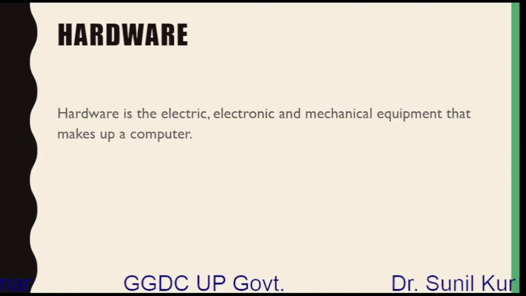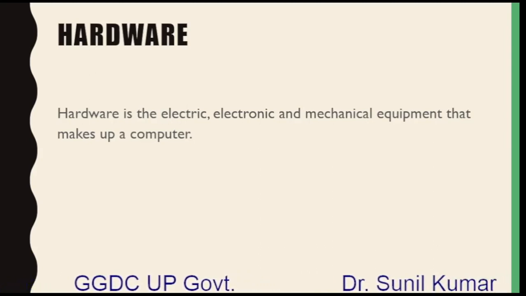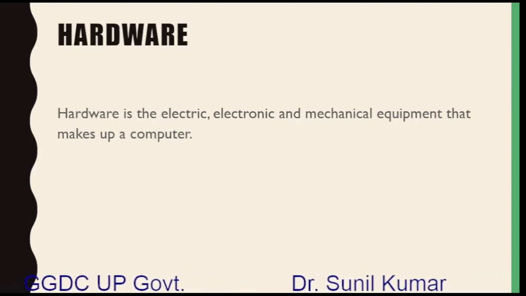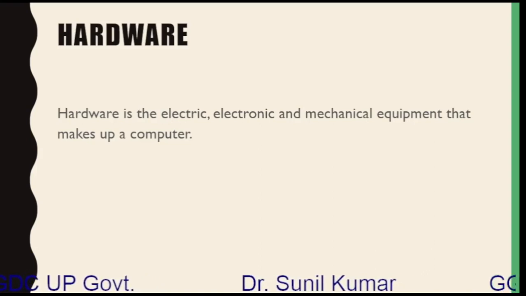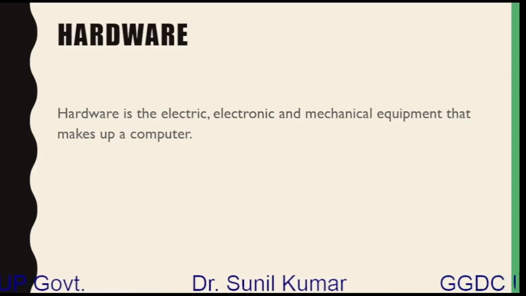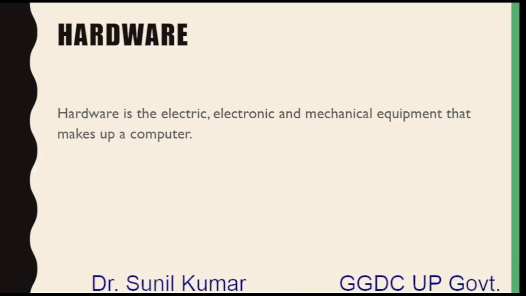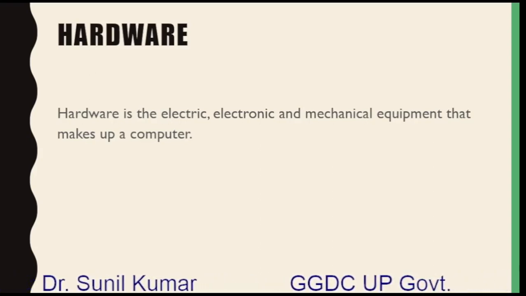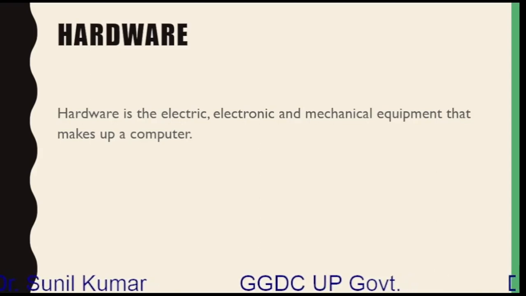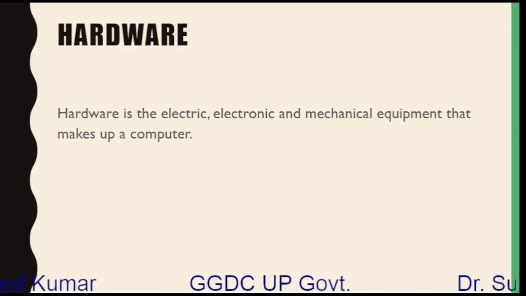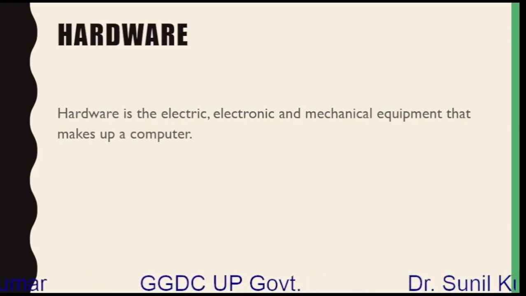The performance and capabilities of a computer system depend on the quality and specification of its hardware components. Faster processors, more memory, and larger storage devices can significantly improve a computer's speed and efficiency.